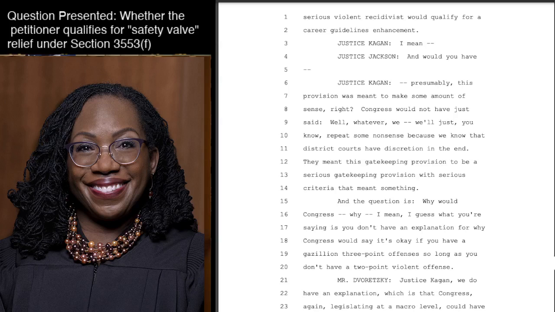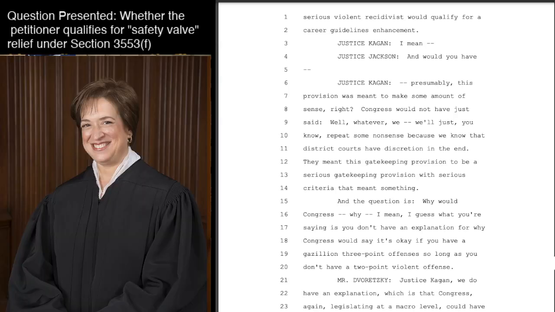I mean, presumably this provision was meant to make some amount of sense, right? Congress would not have just said, well, whatever, we'll just repeat some nonsense because we know that district courts have discretion in the end. They meant this to be a serious gatekeeping provision with serious criteria that meant something.